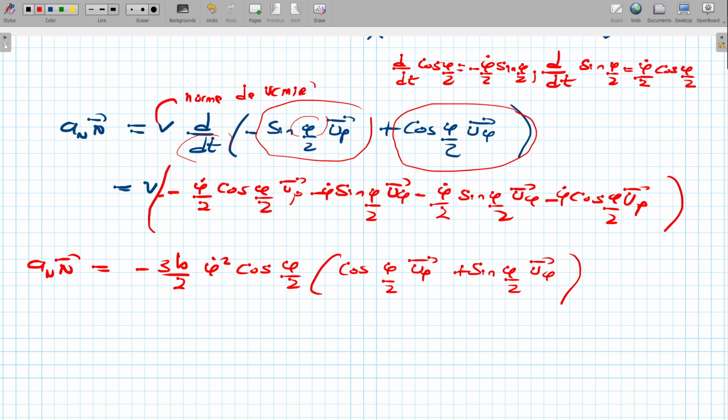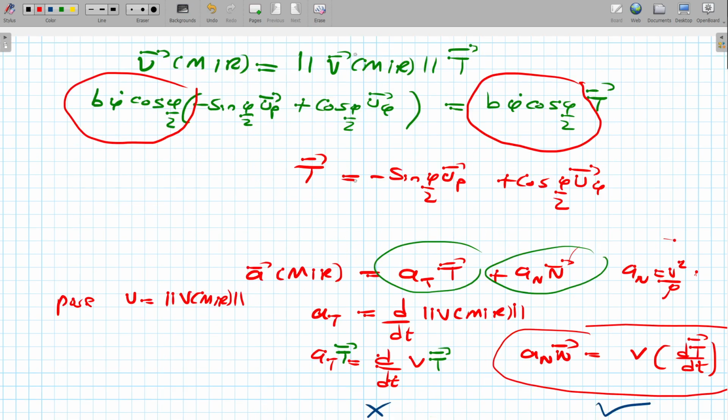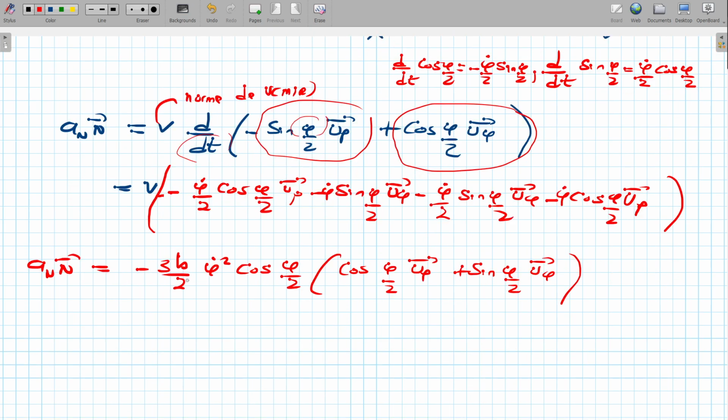You plug in this value that we found here. We calculated the norm, this value here. You plug it in, then simplify, factorize, and factor out the common terms. You can see that there's a phi point in common here, so it's going to be factored out.